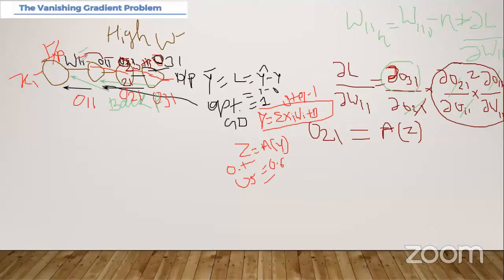When I'm calculating the derivative of the loss function with respect to weight W11, I simply bifurcate it in terms of O11, O21 and O31, the third layer output, second layer output and first layer output. This much part is clear. I refer to this term as Z, which passes through the activation function, and that is how it gives us the output. Once we understand this, we will move forward.